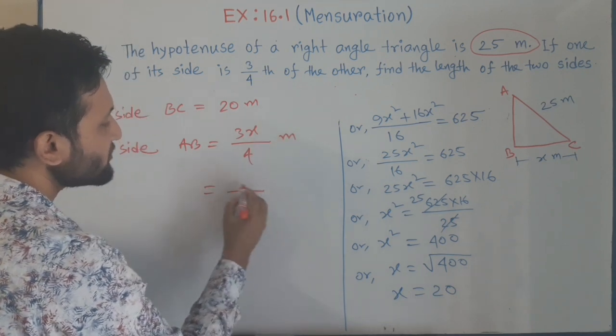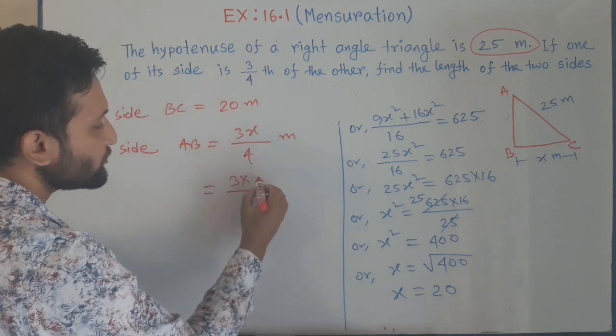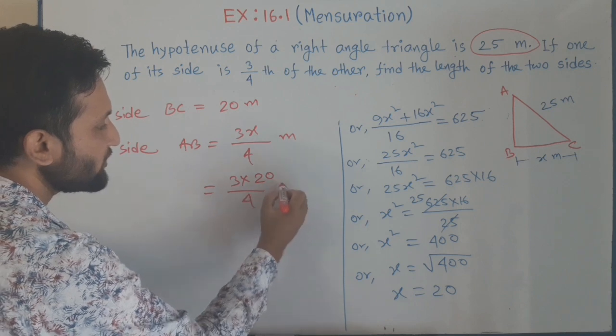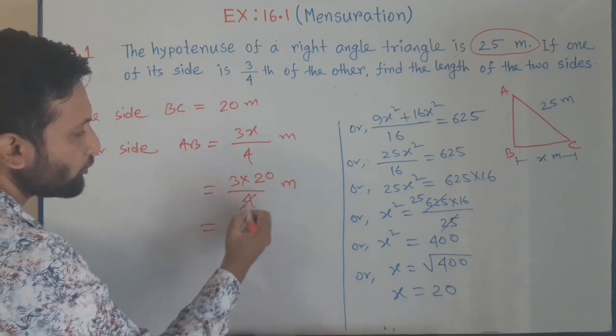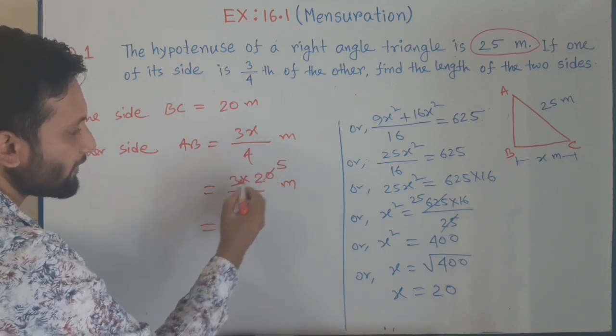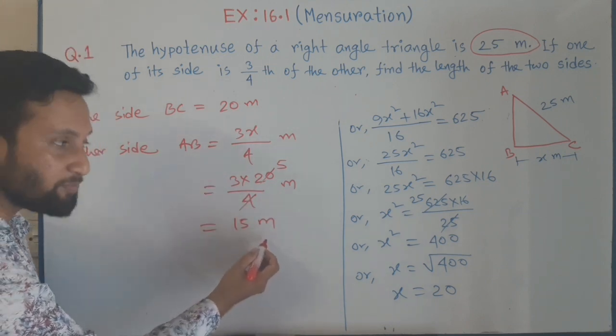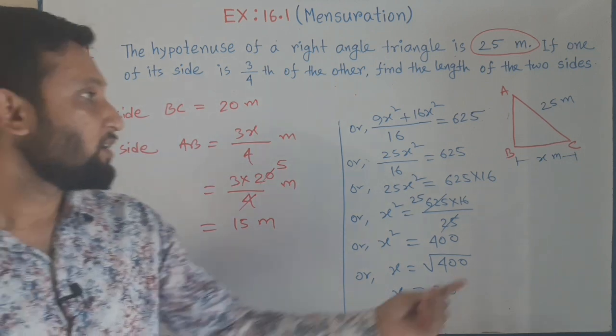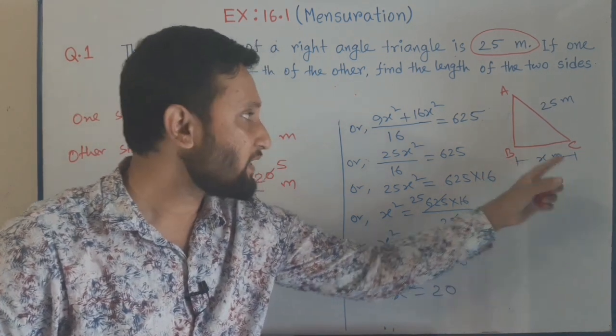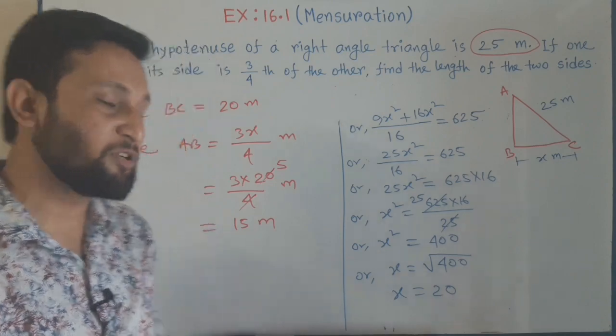That means 3 into x, the value of x is 20, so 3 into 20 divided by 4 meter. Now 4 into 5, that means 20, 5 into 3, so 15 meter. So another side AB equals 15 meter. So our required answer: one side BC 20 meter and another side AB equals 15 meter.